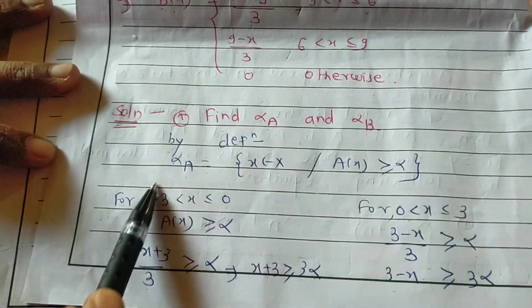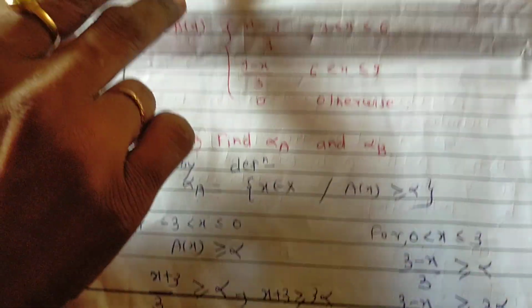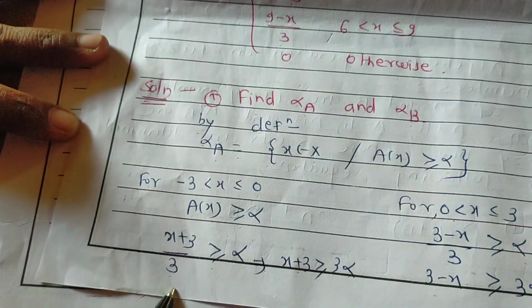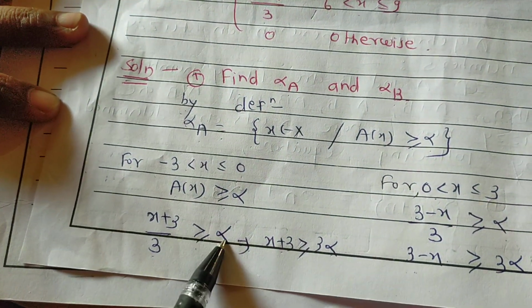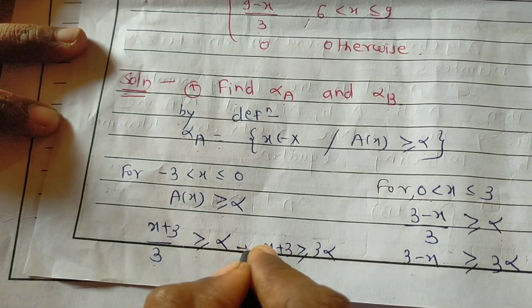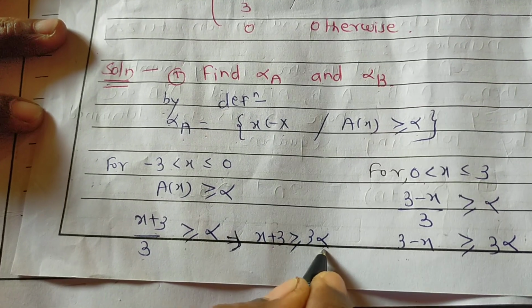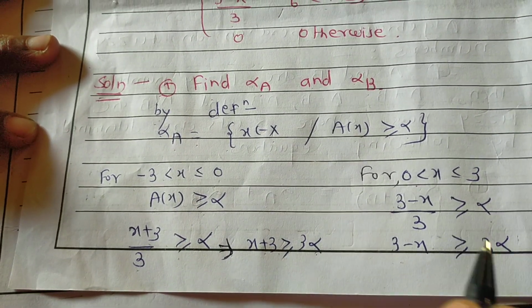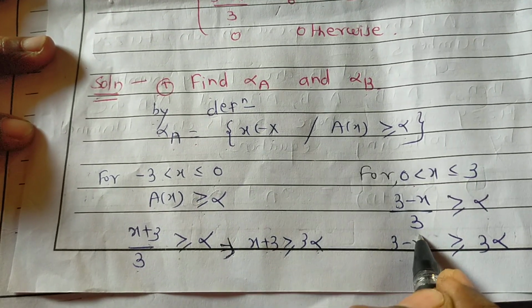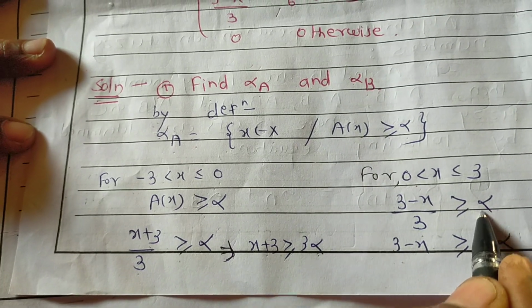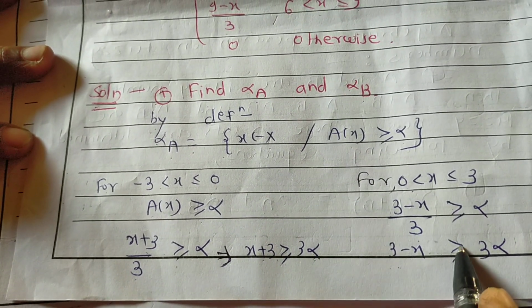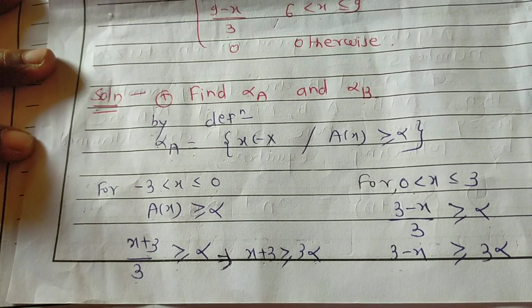Now what is the function A of x? (x plus 3) upon 3 greater than or equal to alpha. This gives us x plus 3 greater than or equal to 3 alpha. Now for the second interval, (3 minus x) upon 3 greater than or equal to alpha, then 3 minus x greater than or equal to 3 alpha.